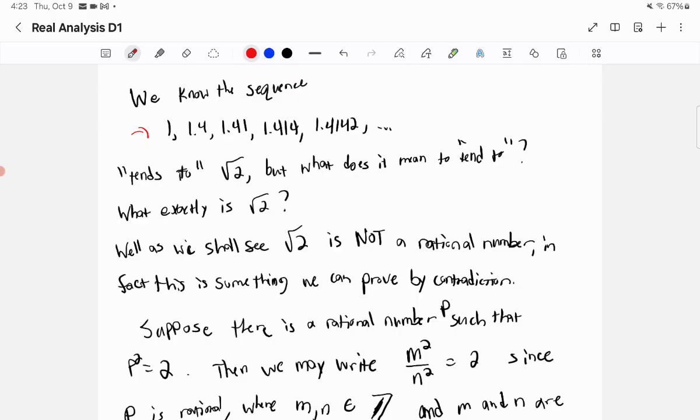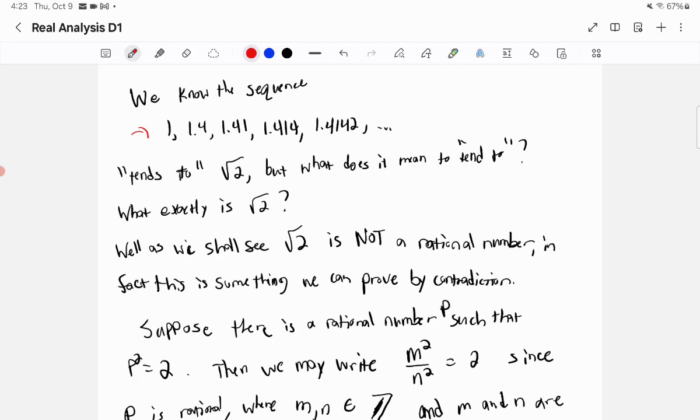This is tending to some number, right? As we give more and more digits, it's getting closer and closer to some number. No problems here. This happens with rational numbers as well. We can have a sequence of numbers that gets closer and closer to a rational number.